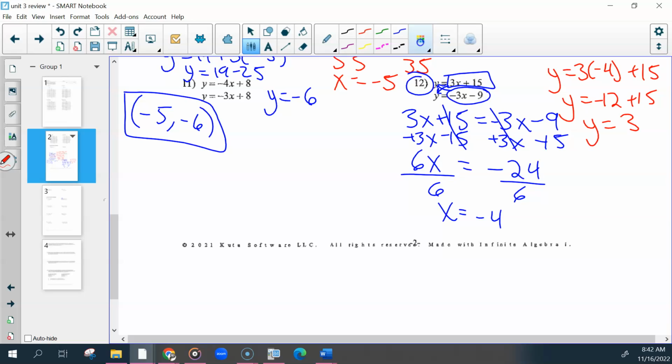And then once you have x and y, put those together in an ordered pair. Questions on 12? So you'll see more like the last one we did than 12, but you may see at least one of the questions like 12.